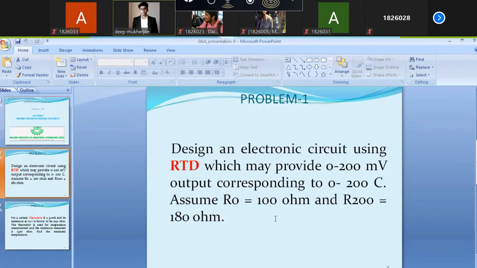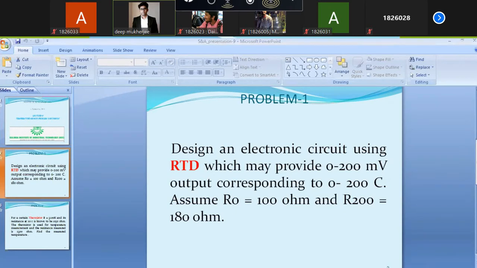This is the resistance value. And what is the temperature? The temperature is given as 0 to 200 degrees Celsius, so here we can write T equals 200.